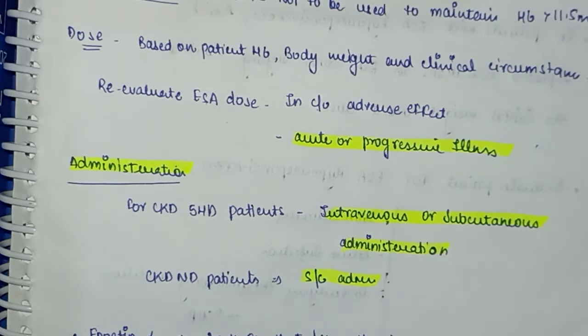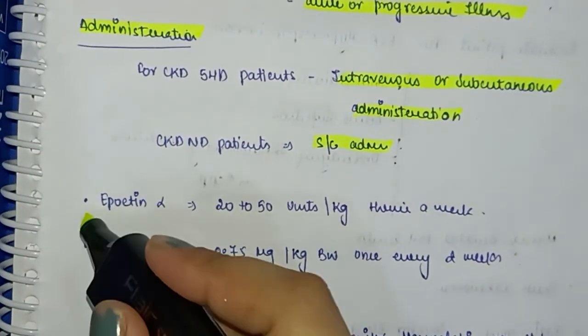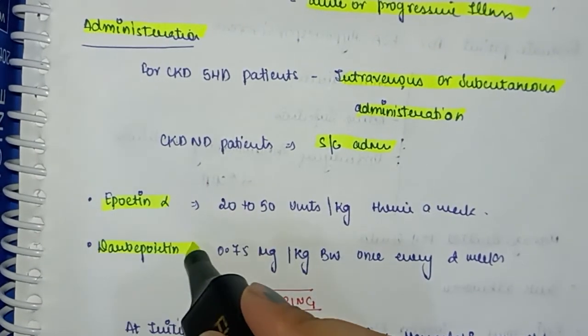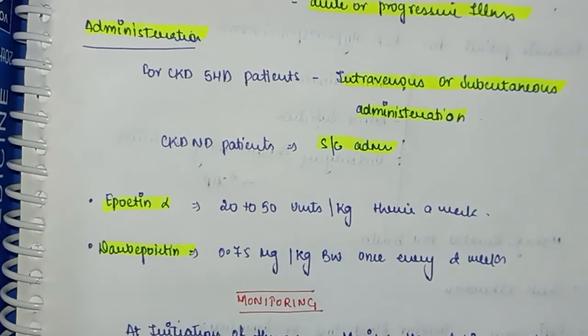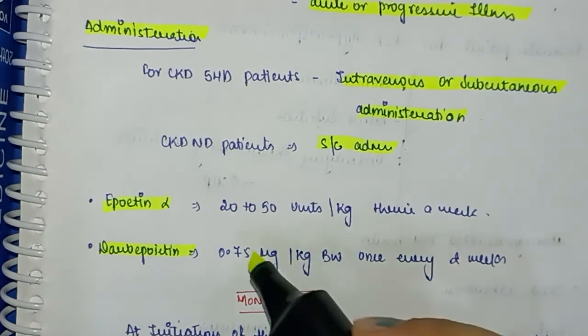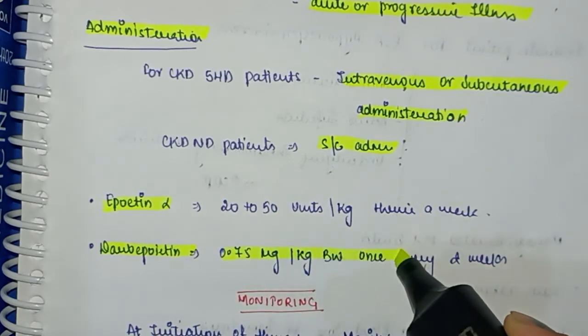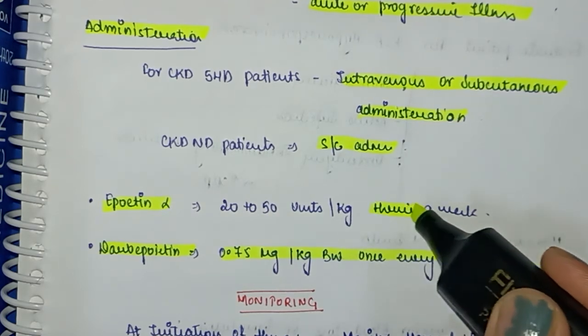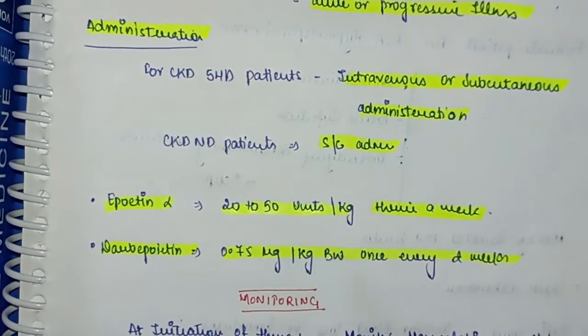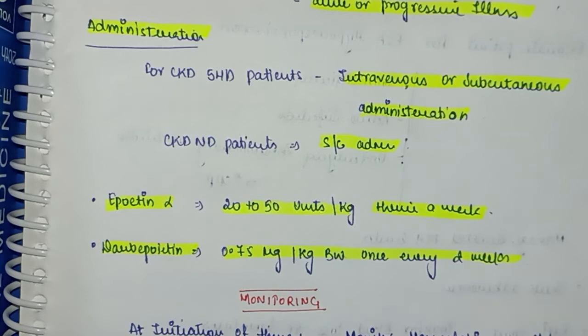So what are the options available? We have epoetin alpha and darbepoetin alpha. Darbepoetin alpha is slightly longer acting. It is given at 0.75 microgram per kg body weight once every 2 weeks, and epoetin alpha we have to give thrice weekly at a dose of 20 to 50 units per kg.